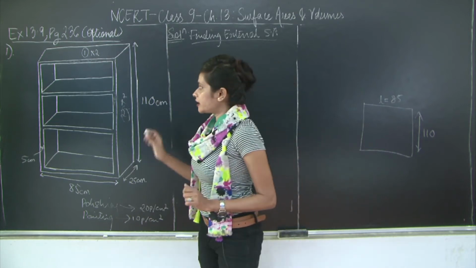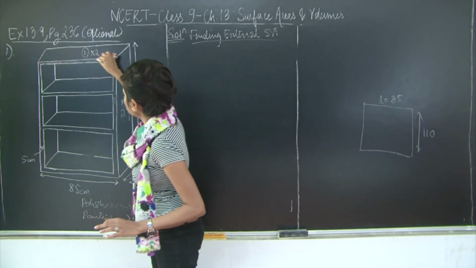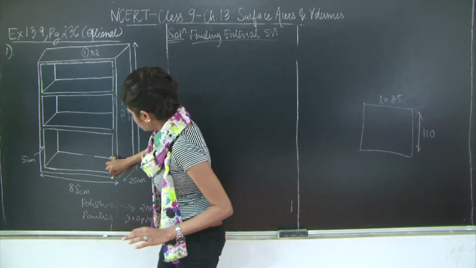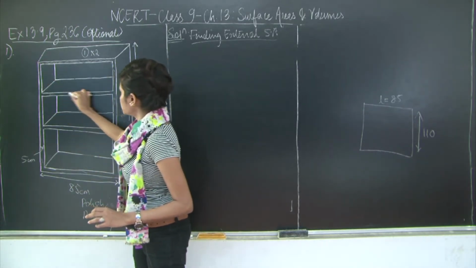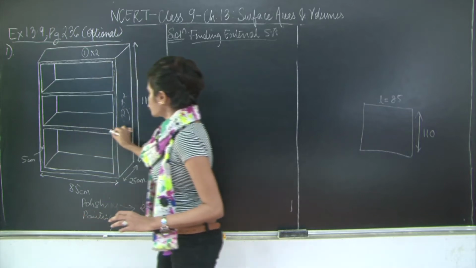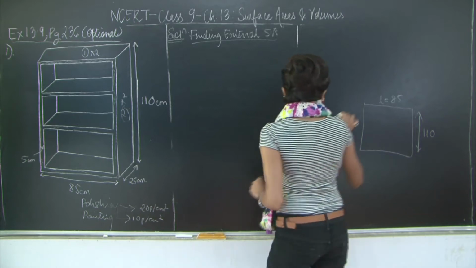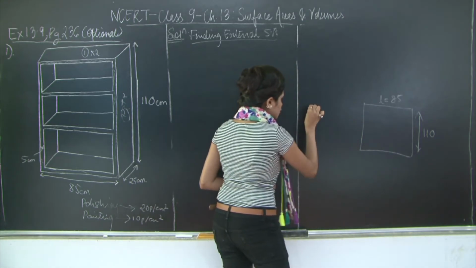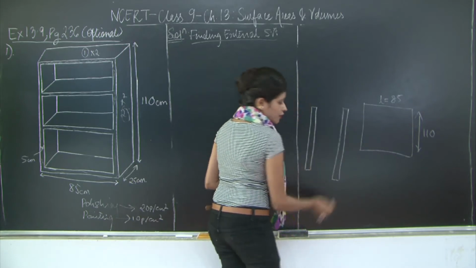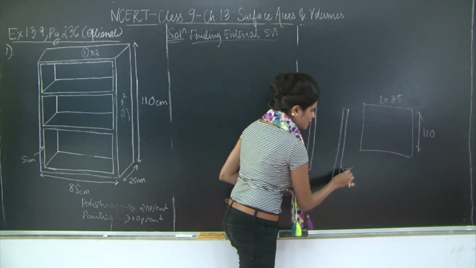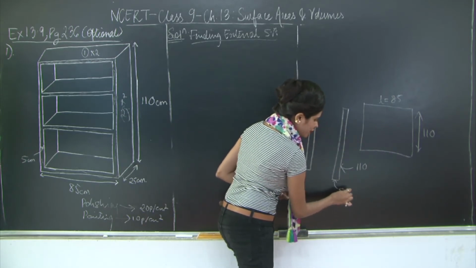And which are the other areas, the external that we can see? We can see this section out here, right? This section. Also this section. So how do we find the areas of these sections that I just showed you? Let's say we are going to take the tall pillars first, right? So this is going to be how much? It is going to be the length, which is 110, and 5, which is the thickness.